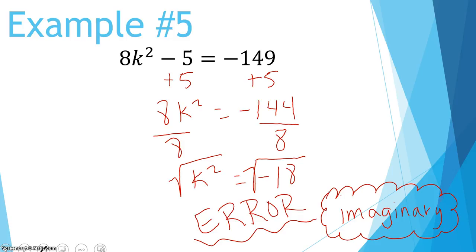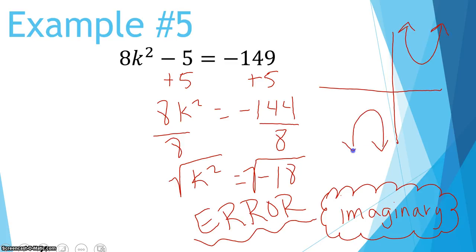The roots do not exist on the real plane. This happens when we get a parabola where either the vertex is above the x-axis and opens up so it doesn't cross, or below the x-axis and opens down, so again it won't cross the x-axis. Those types of parabolas have imaginary roots.